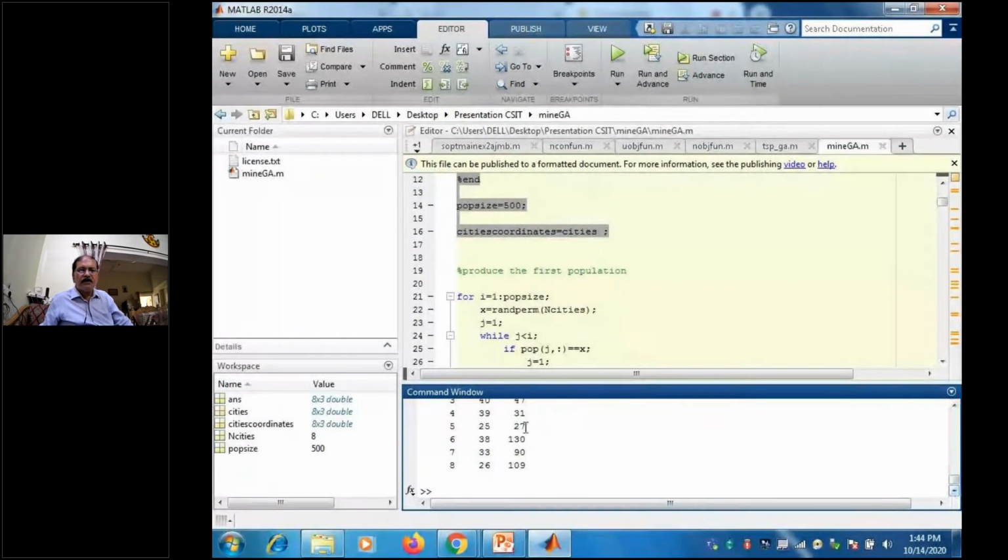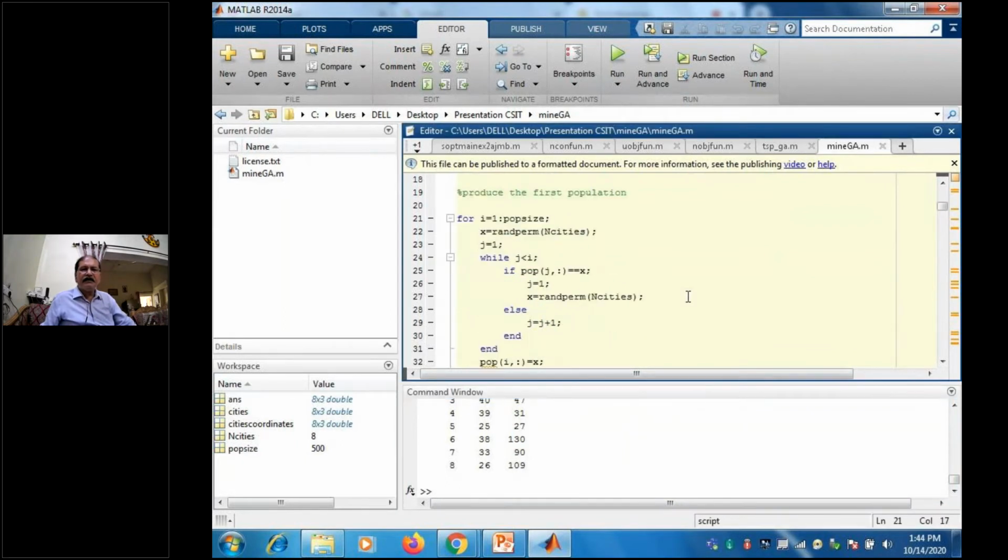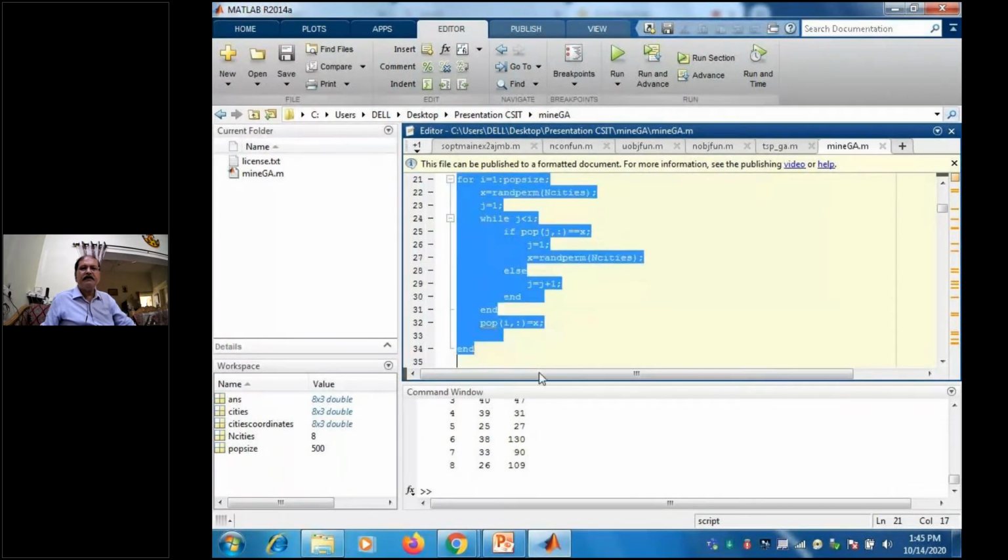So these are the cities and the input is given, the city information, and we have taken a population size of 500. The number of cities is 8. Then create the first population, initially randomly.